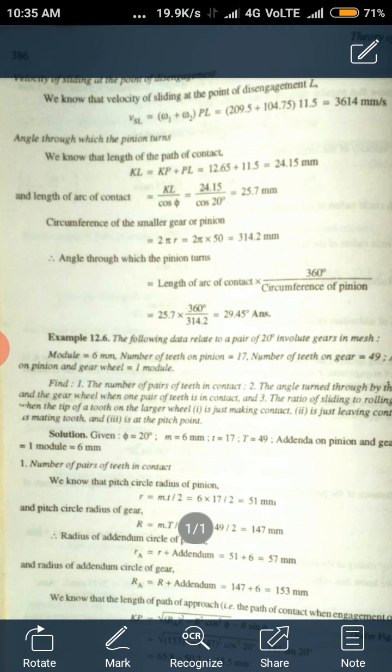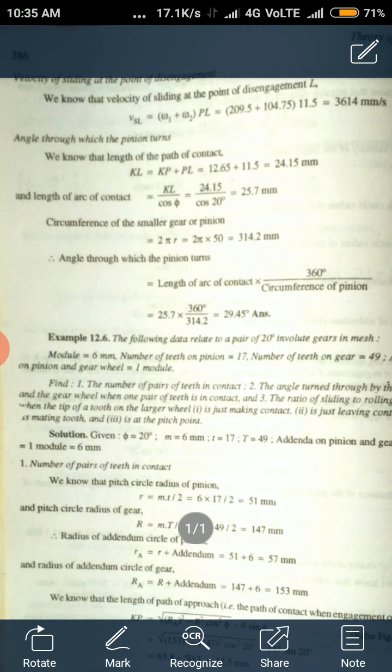So now once you determine the velocities at the engagement, disengagement and the pitch point, one more parameter is asked: the angle turned by the pinion. We already know from the previous problem, it is given by length of arc of contact into 360 degrees divided by circumference of the pinion.